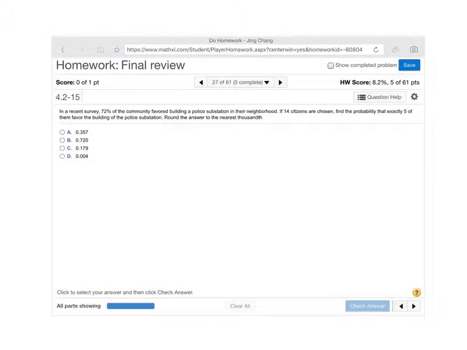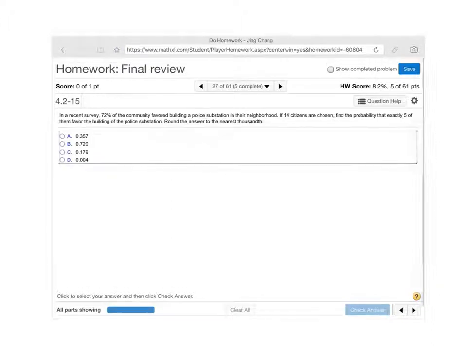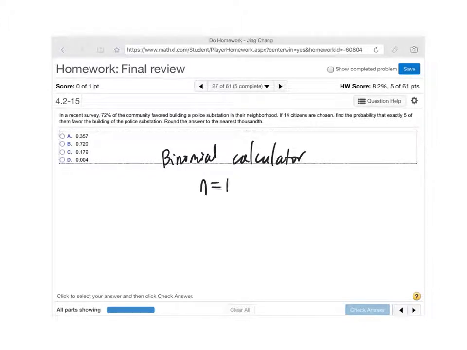This is also binomial. In a survey, there's a yes or no question: either you favor building a power substation in the neighborhood or not. So as long as you can recognize the binomial distribution, you know how to do the problem. Just use the binomial calculator. Here n is 14 because 14 students are chosen.